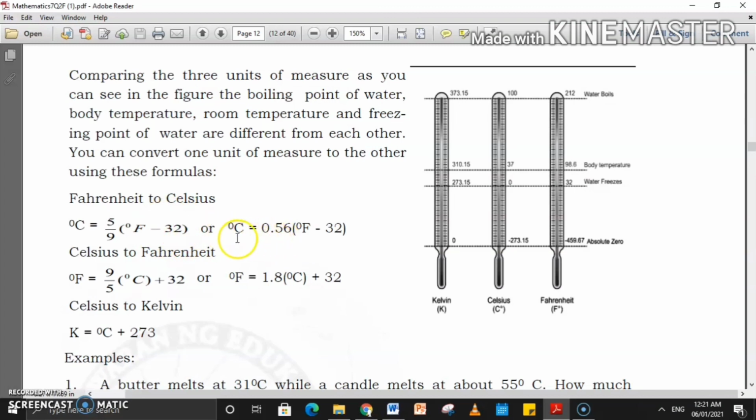Or in decimal form, degree Celsius is equal to 0.56 multiplied by degree Fahrenheit minus 32. And kapag kabaliktaran naman, Celsius ang given, hahanapin ang Fahrenheit: degree Fahrenheit is equal to 9/5 degree Celsius plus 32. So, remember the formula. Kapag Celsius to Kelvin naman, Kelvin is equal to degree Celsius plus 273. Okay, so let us try some example.